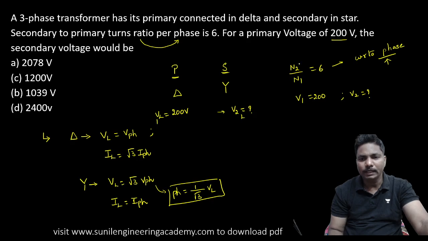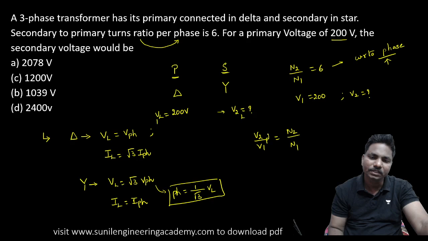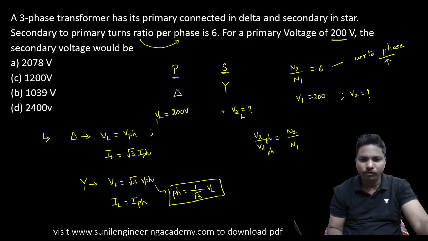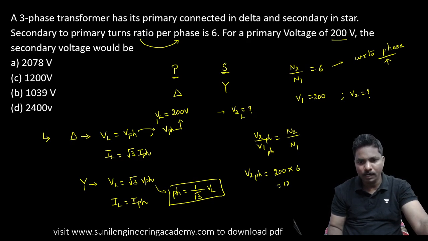We know V2 by V1 is equal to N2 by N1 with respect to phases. So V1 line or V1 phase, both are the same in delta. So 200 times the turns ratio 6 gives 1200, which is the phase voltage of the secondary.